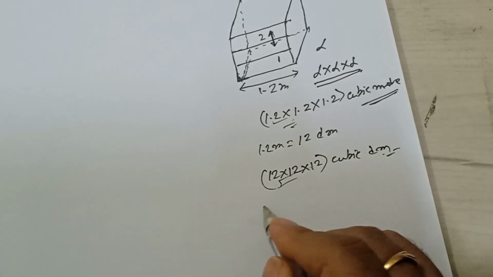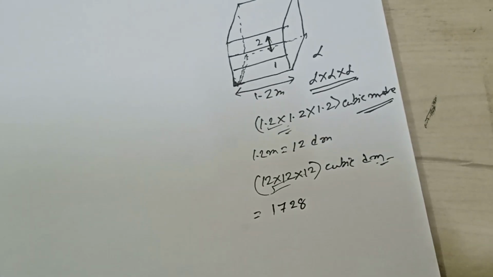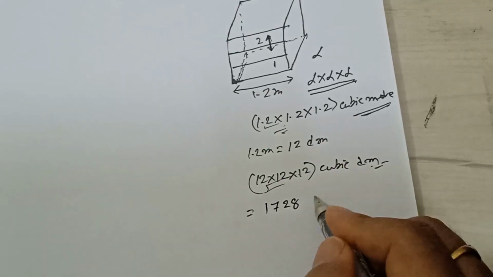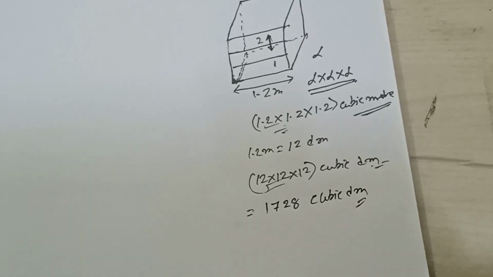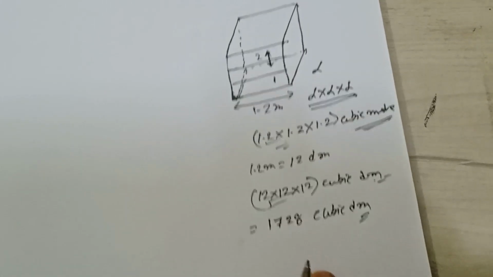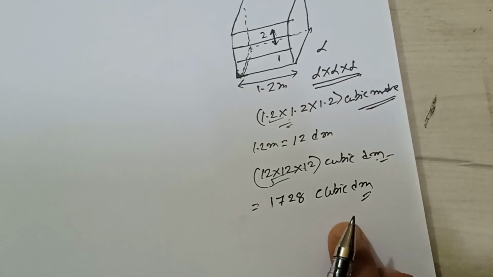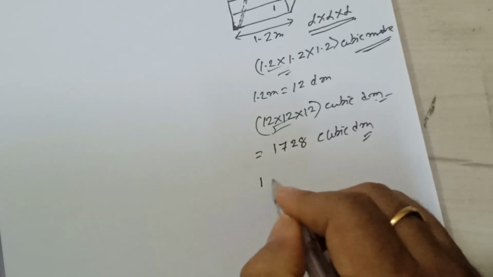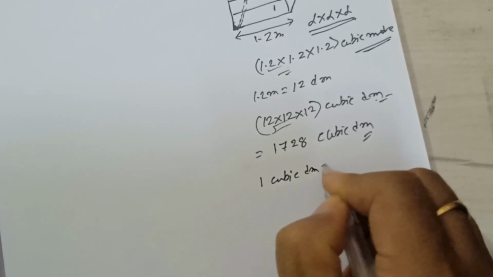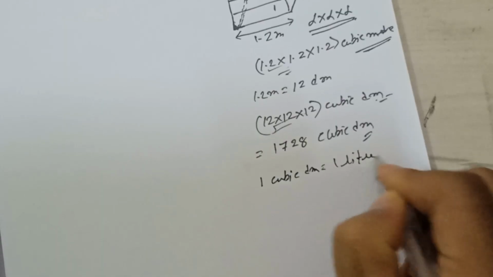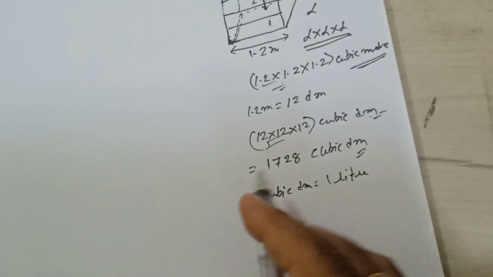Now this one is equal to 1728, 12 into 12 into 12 cubic decimeter. Right? Volume of the cube is 1728 cubic decimeter. And again, we know that 1 cubic decimeter is 1 liter. Now it is easy to convert it to liters.